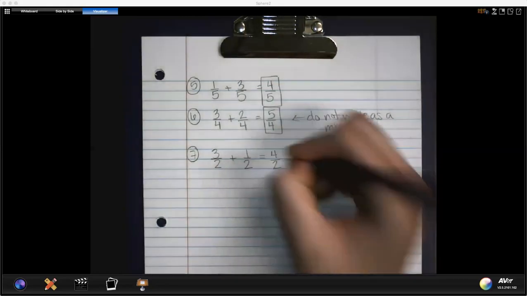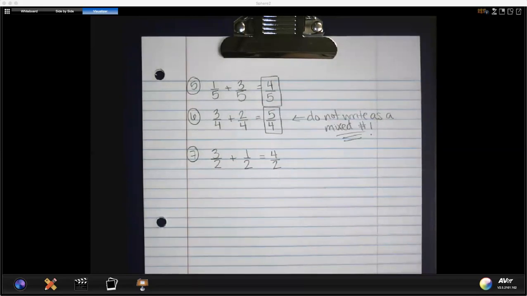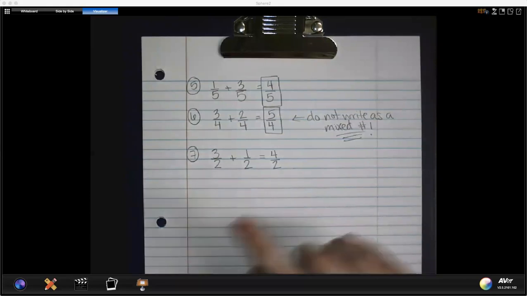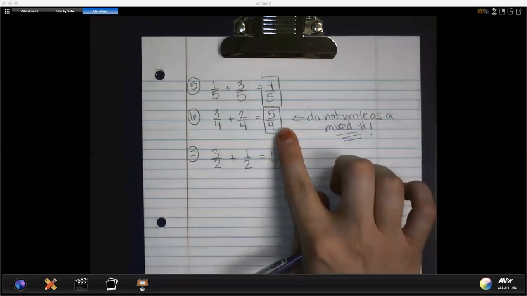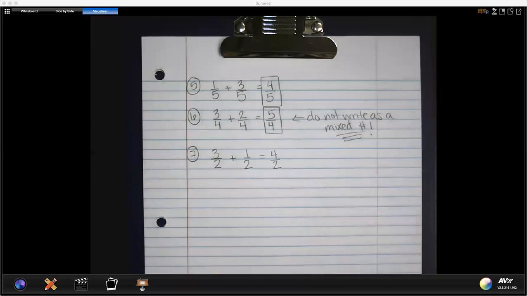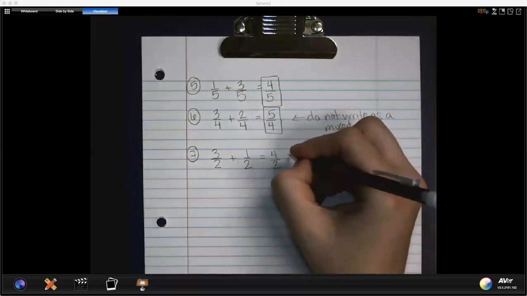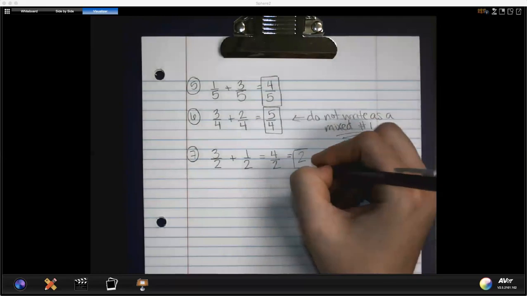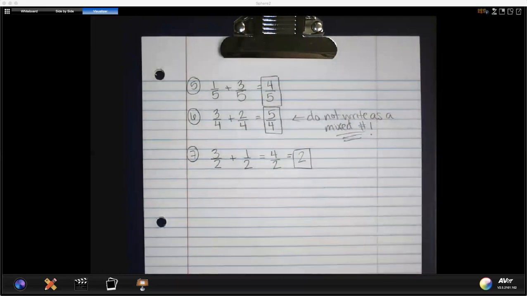Now, should this one simplify? Yes. Because it divides evenly, we should simplify it. On the previous one, that wouldn't divide evenly, which results in the mixed number. If it divides evenly, you should simplify it. If it does not divide evenly, leave it as improper.